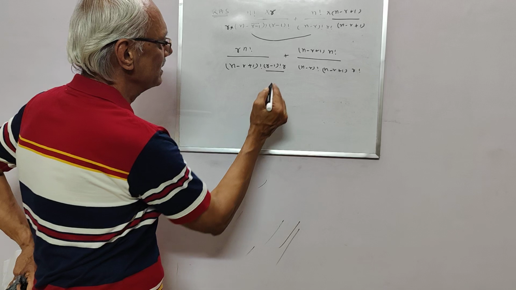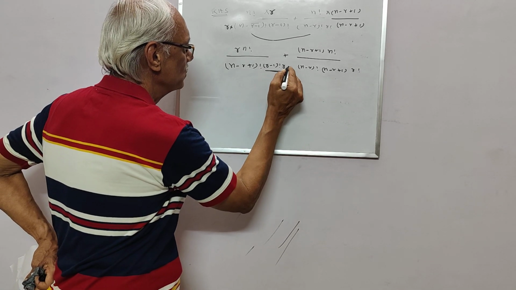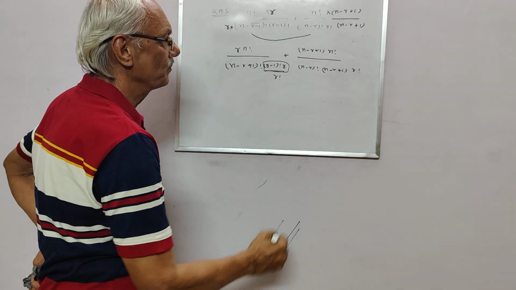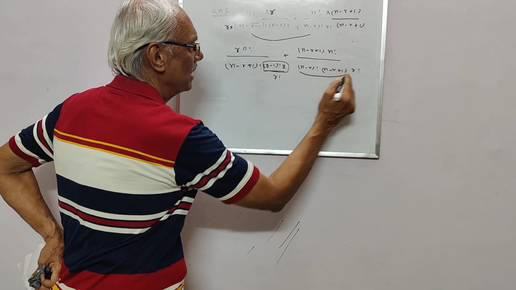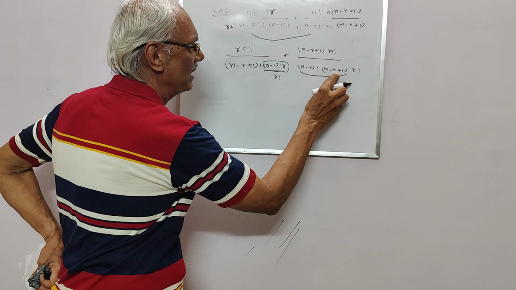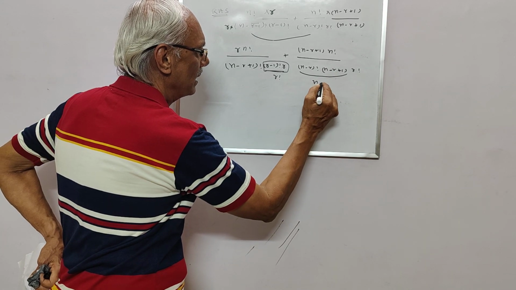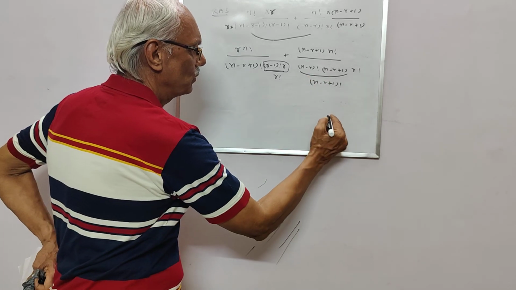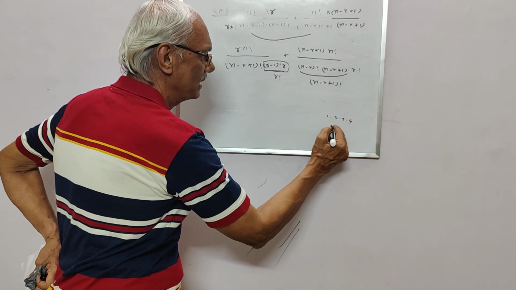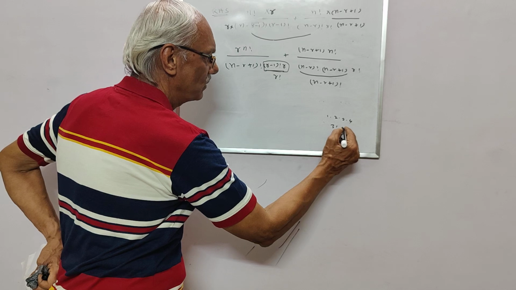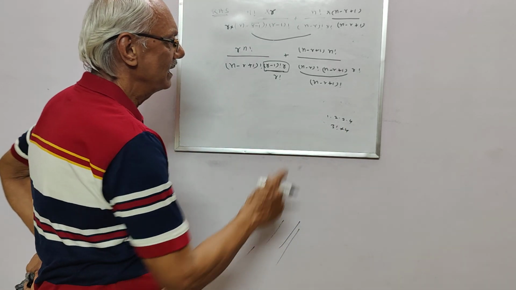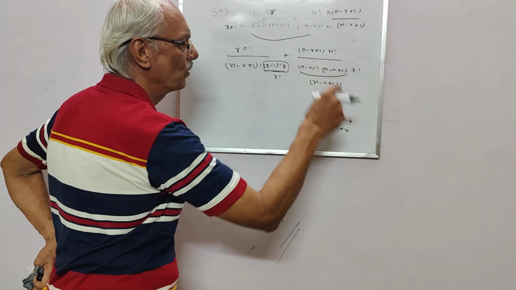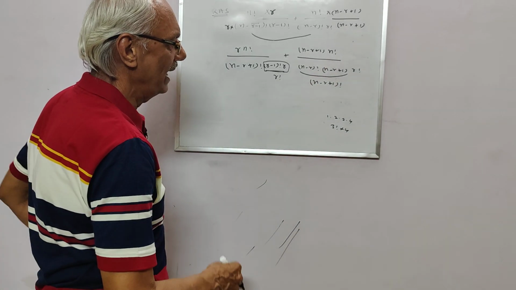Now what is this? r minus 1 factorial into r is your r factorial. What is this? n minus r factorial into n minus r plus 1 is n minus r plus 1 factorial. Are you able to understand? As I told you, 1, 2, 3, 4 means you can write this as 3 factorial into 4. That is what I have written here. See, 3 factorial into 4, that means 4 factorial.